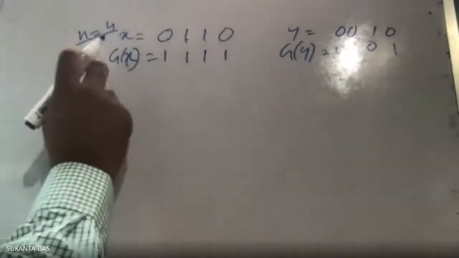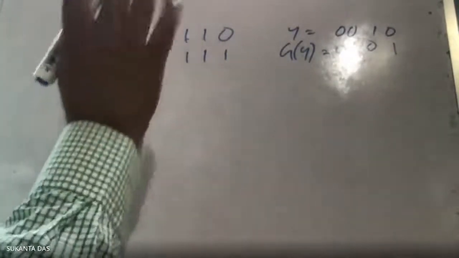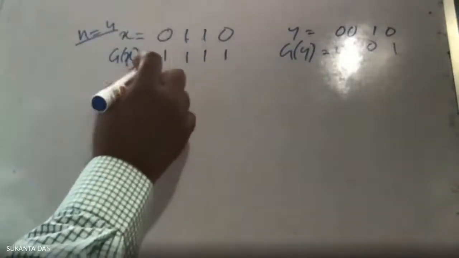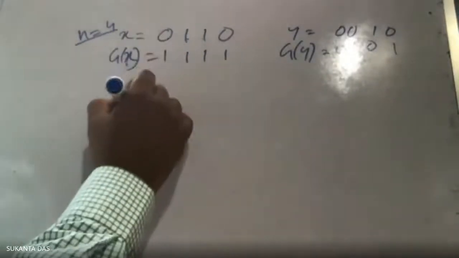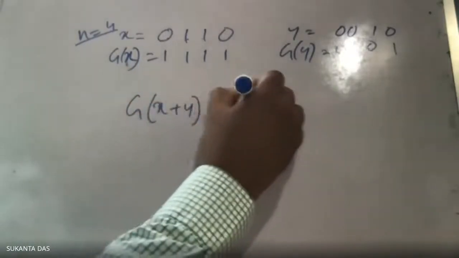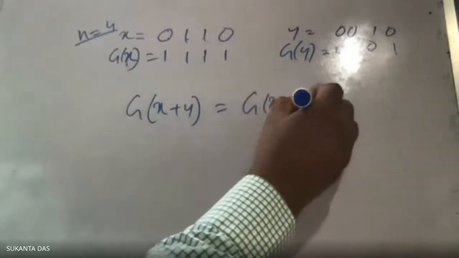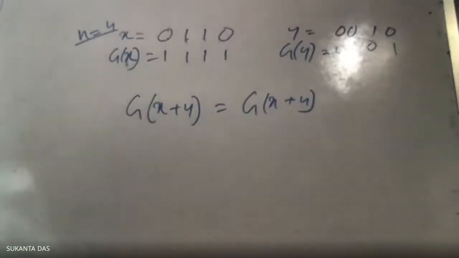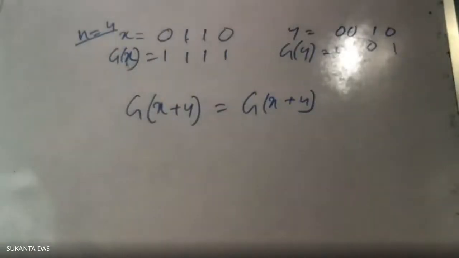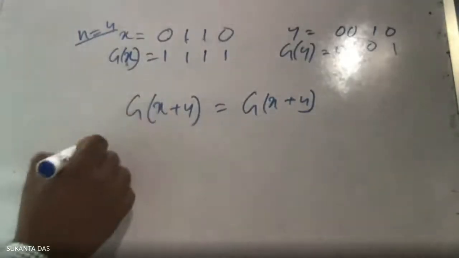To be linear, two conditions must hold: additivity and homogeneity. Additivity means g of x plus y should be gx plus gy. Let us see whether it is happening. First find x plus y.